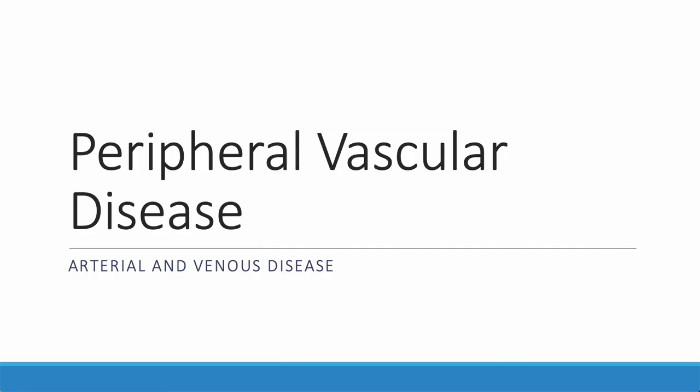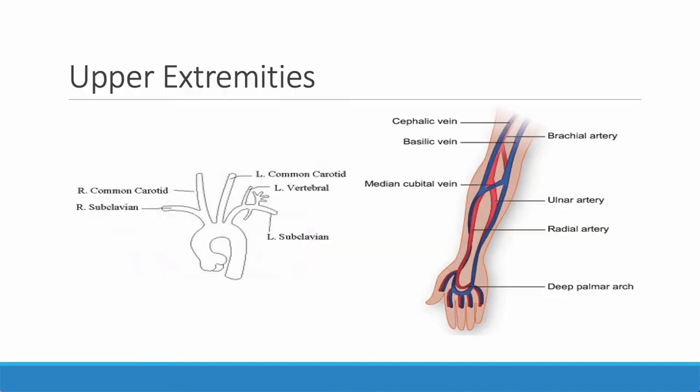Now we're going to switch gears a little bit and talk about peripheral vascular disease. Remember that peripheral vascular disease is sort of an all-inclusive term for arterial and venous disease that occurs in the extremities. Now, it's very rare for someone to have upper extremity vascular disease. We don't see DVTs in the upper extremities, and we rarely see arterial disease in the upper extremities, which is kind of weird, right?